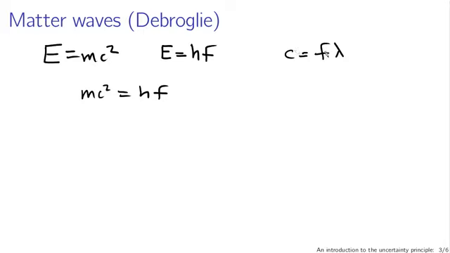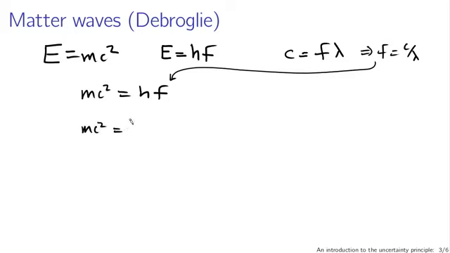And this expression tells me something about f. It tells me that f equals c over lambda. So I can substitute this expression in here and get mc squared equals hc over lambda. Now I can cancel out one of the c's, and I'm left with mc equals h over lambda.